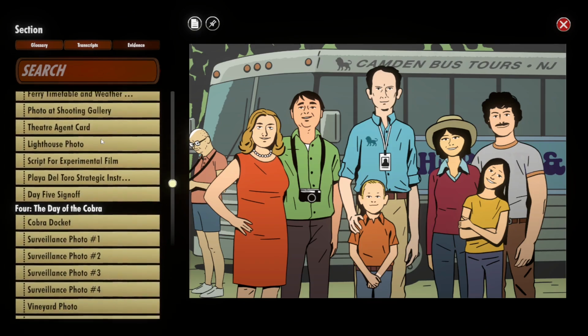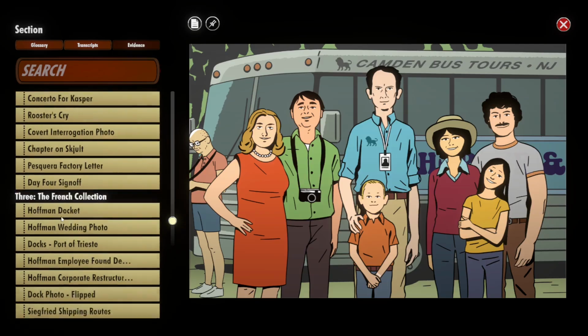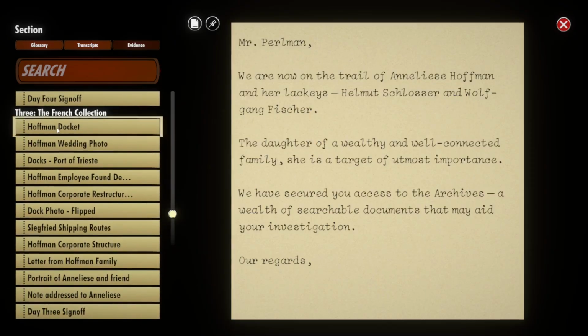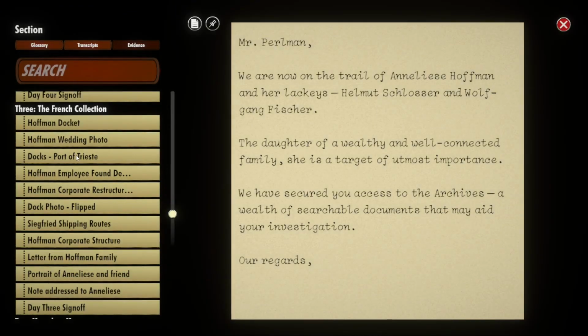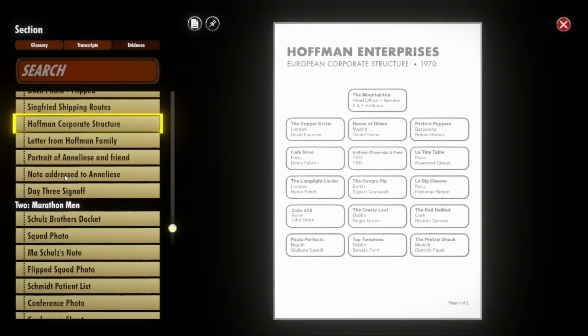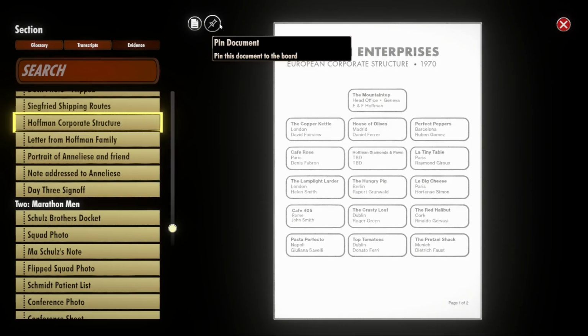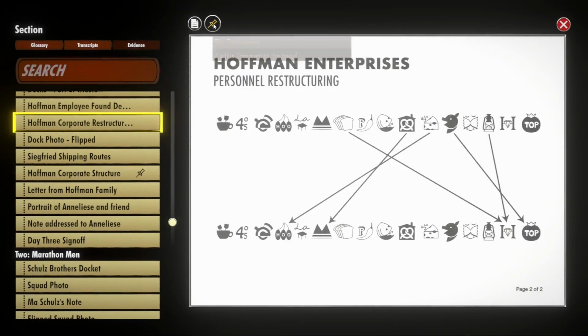I'm trying to hit all the Hoffman stuff. Hoffman docket. No. Oh, I don't have a docket for this one. You notice that? Docs. Employee found dead. Corporate restructuring. Okay. Maybe I'll grab one of this. And then also the restructure.